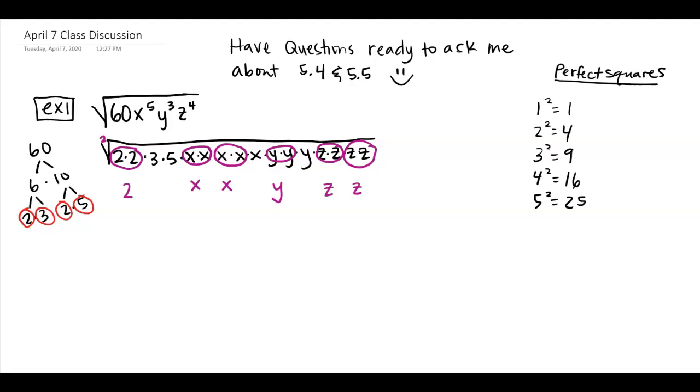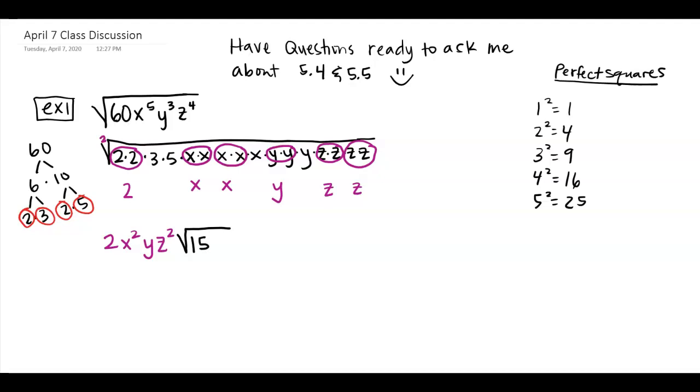So when I simplify that a little bit more, I have 2, and then x times x is x squared, and then y, and then z times z is z squared. All right, so that's all of the stuff that gets to come out. And then all of the stuff that is left over, I'll just keep it in black here to make sure you can see the difference. All right, so I still have 3 times 5 left inside, so that's 15.